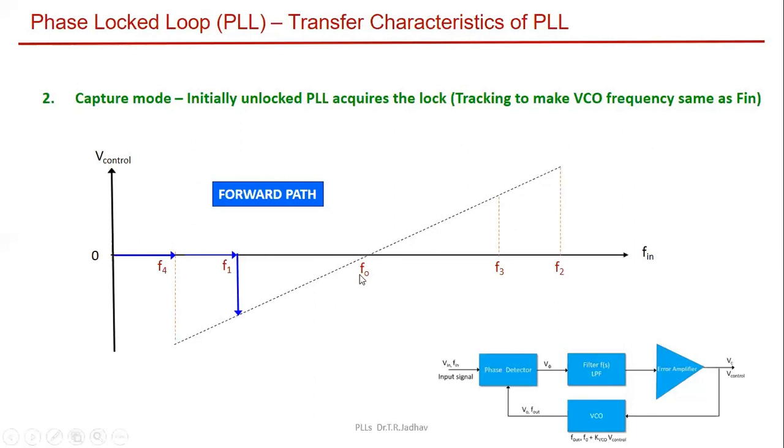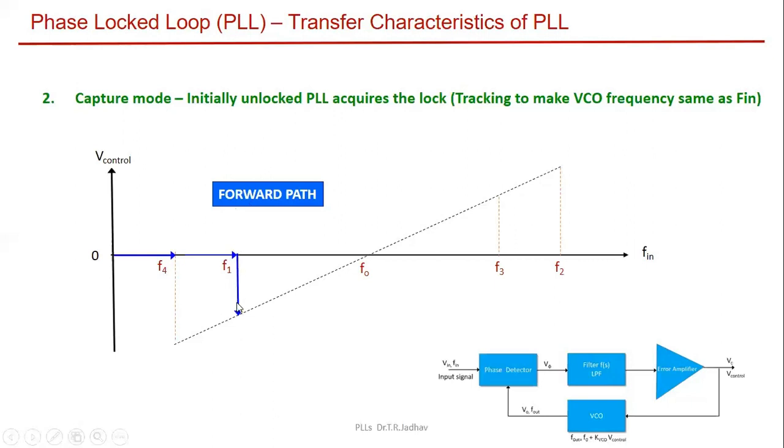And at F0, when the input frequency exactly becomes F0, this difference is going to be 0. So as a function of input frequency or phase shift between these two frequencies, the control voltage is also going to drop further. This is happening in the capture mode.